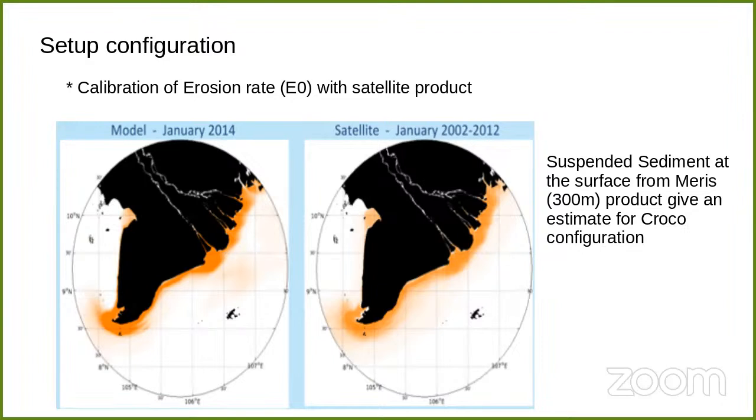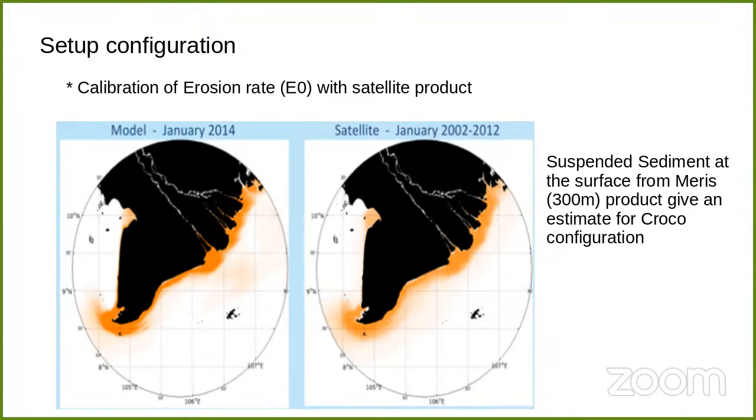For that, you can also compare with a satellite product like Maris on the right there. This product gives the information at the surface, the suspended sediment present at the surface. As you can see, this is CROCO on the left and the satellite product on the right.